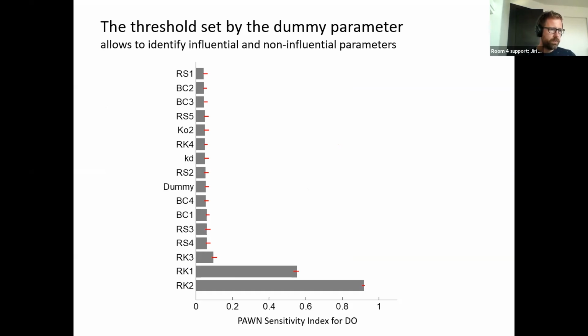So maybe an additional example. Also here we have this dummy parameter, and again we can cut off. This was the initial result for the water quality model, and again we could cut off there due to the dummy parameter between the non-influential and the influential parameters.